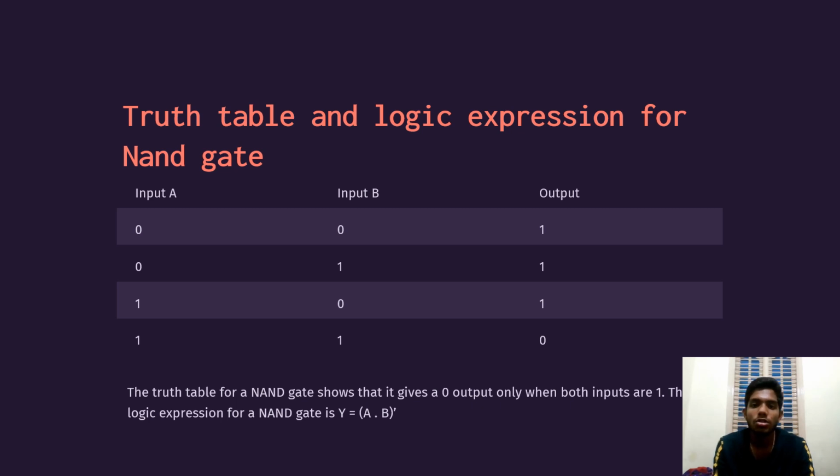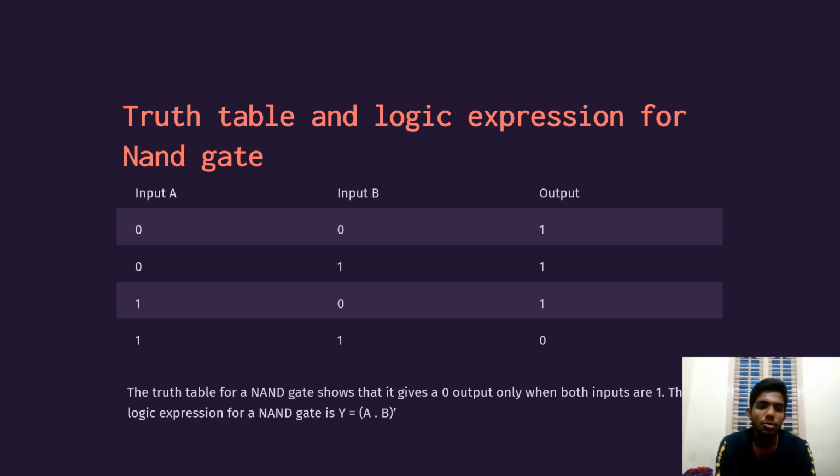The truth table and the logical expression for the NAND gate. There are two inputs, input A and input B, and a single output. If both inputs are 0, then the output will be 1. If one of the inputs is 0 and the other input is 1, then the output will be 1.